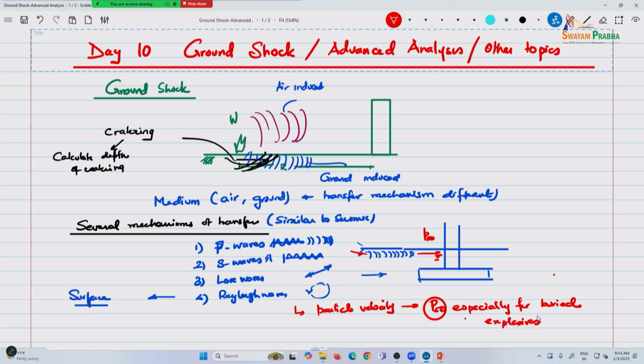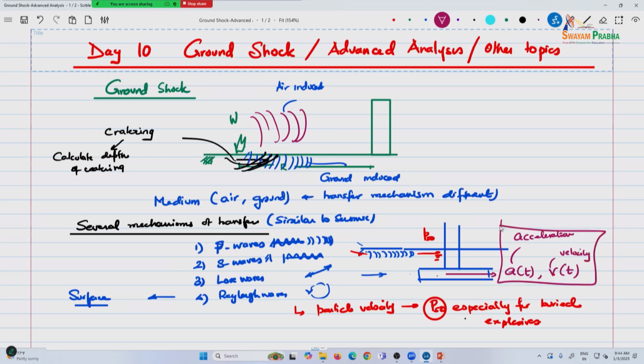Whereas if it is not a buried explosive, then on the ground you can have either acceleration as a function of time and or velocity as a function of time, and once you have these, you can have displacements as a function of time as well.